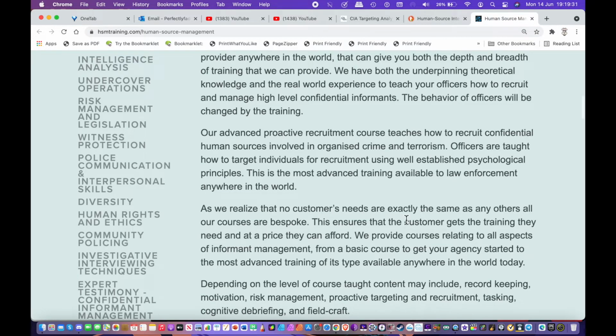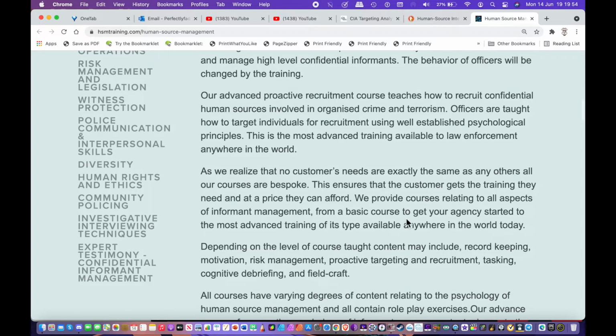Our advanced proactive recruiting course teaches how to recruit confidential human sources involved in organized crime and terrorism. Officers are taught how to target individuals for recruitment using well-established psychological principles. This is the most advanced training available to law enforcement anywhere in the world.